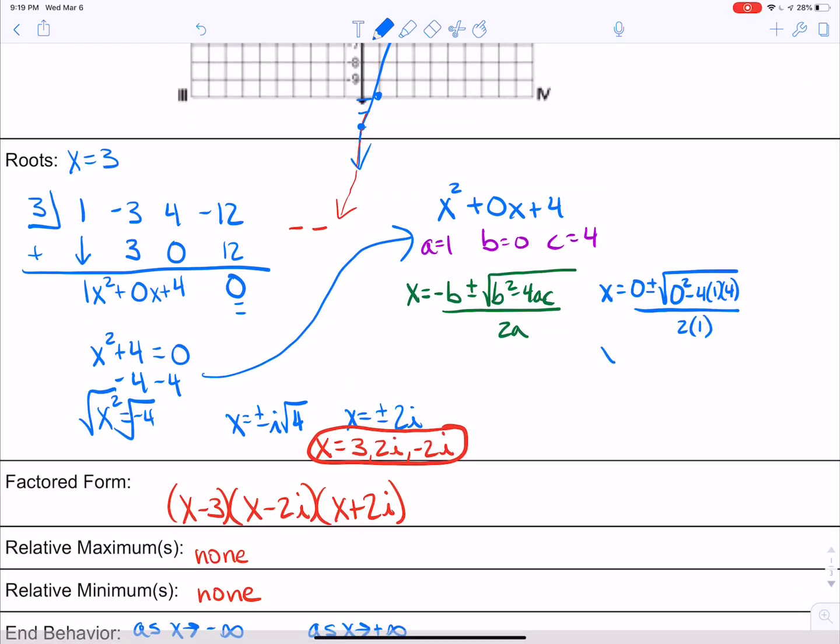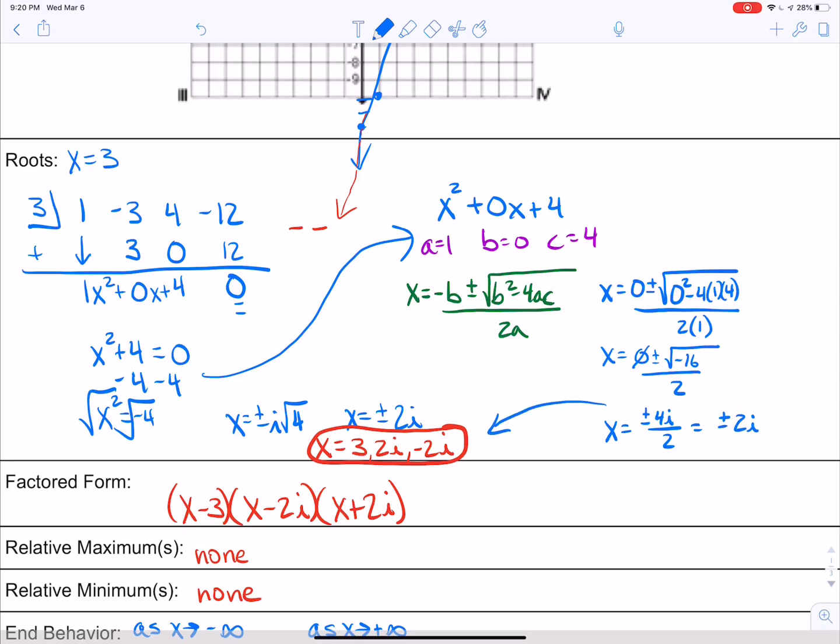Then we clean that up. So you get 0 plus or minus the square root of 0 minus 16, which is negative 16. The 0 plus or minus really doesn't do anything. So we could just say plus or minus the square root of negative 16, which is 4i, but it's still all divided by 2. So that's just plus or minus 2i, which is what we already got.